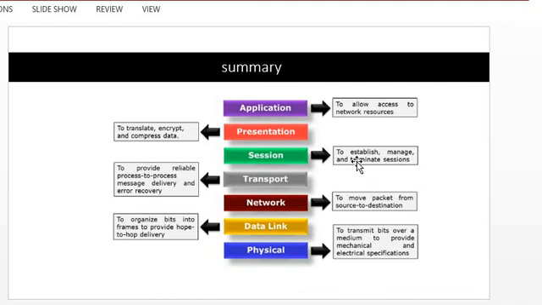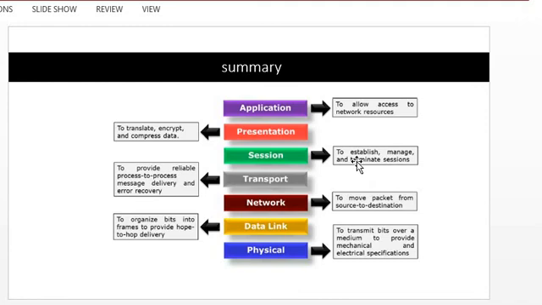It has to arrive at the destination in an orderly way. So the data link comes in to organize the data packets, the frames and the bits so that they are transmitted in an orderly way. And lastly, the physical layer provides the specifications for the data transmission hardware-wise.